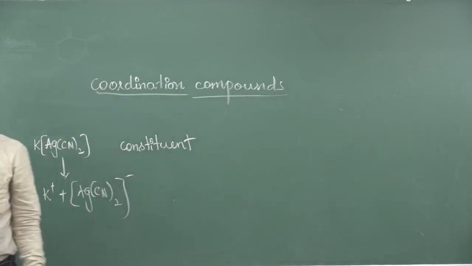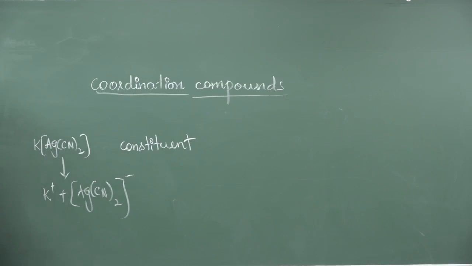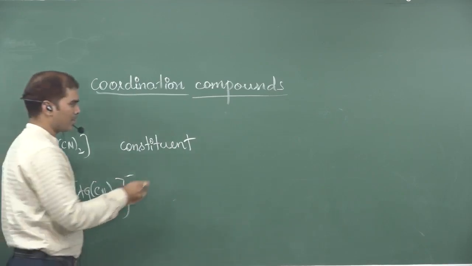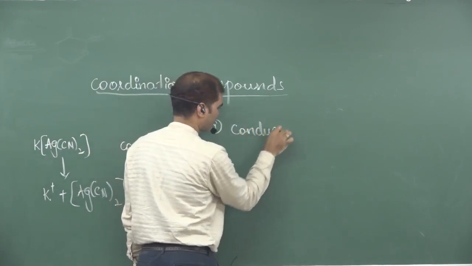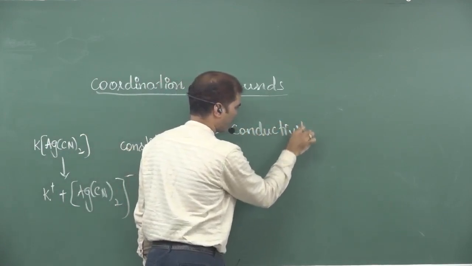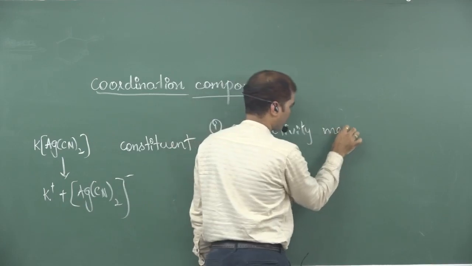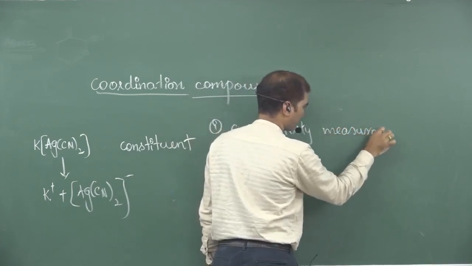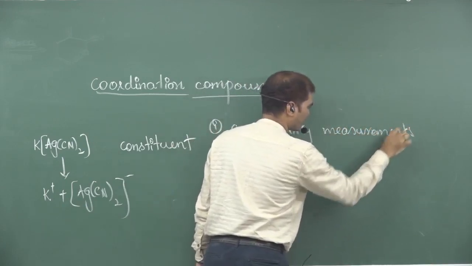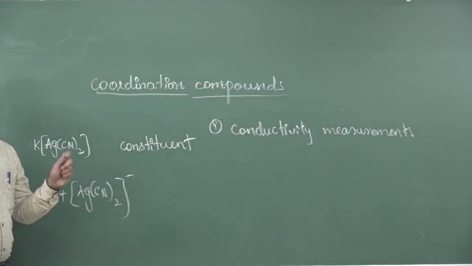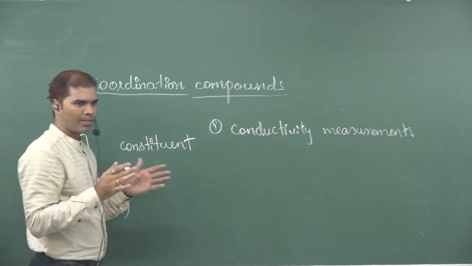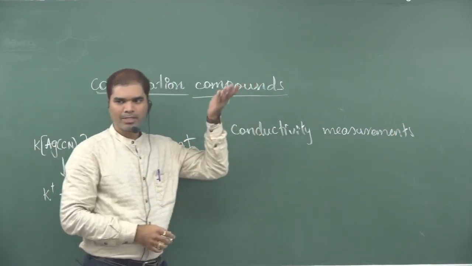How do you identify whether a complex compound has formed or not? There are different evidences. Suppose I take conductivity measurement. This is one of the important parameters through which I can understand whether a complex compound has formed. If I take a double salt and dissolve it into a solvent, I will get all the constituent ions, and the conductivity will increase a lot.